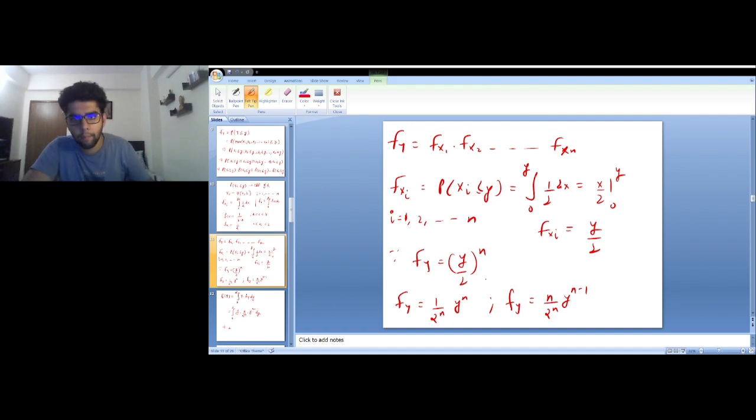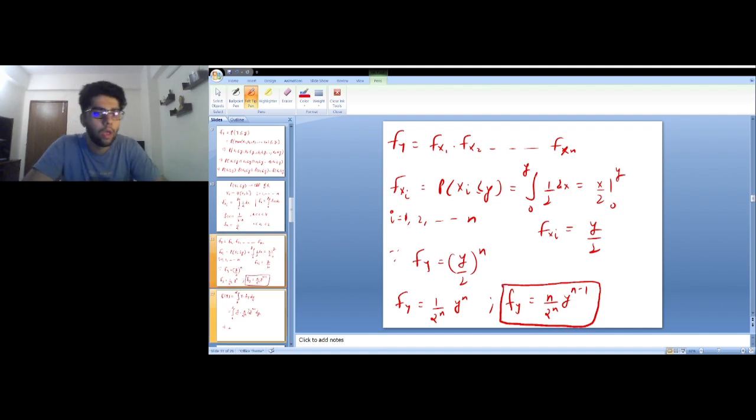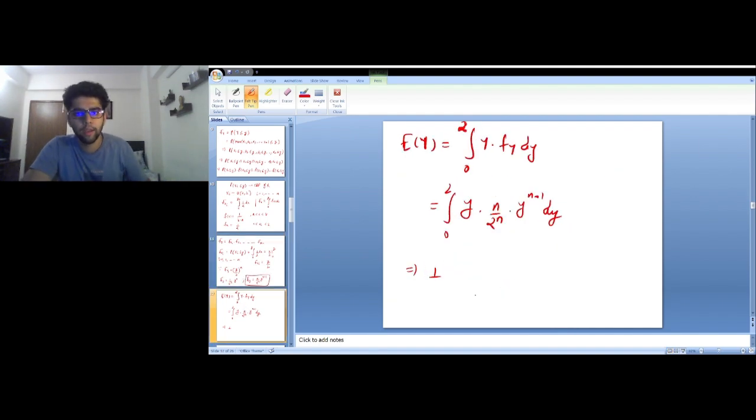This was the PDF of y. This gives me n upon 2 to the power n, which comes out because it's a constant term. Finally, what I have inside is 0 to 2. Now y into y to the power n minus 1 gives me y to the power n dy.